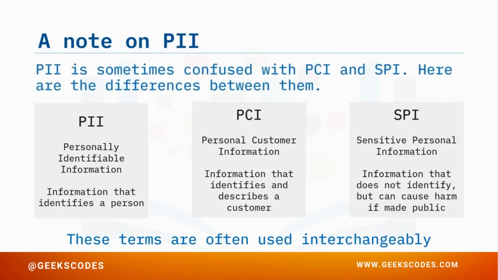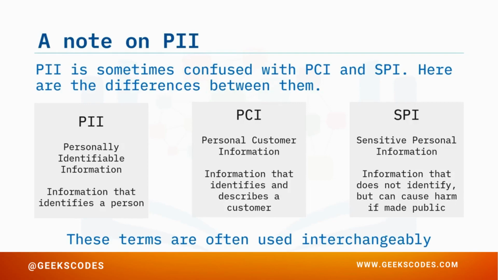Now, PII is sometimes confused with PCI and SPI. Here are the differences between them. Personally identifiable information, or PII, is information that identifies a person. Personal customer information, or PCI, is information that identifies and describes a customer. It includes much of the same types of data as PII, like name, address, contact information, account login, and demographics.